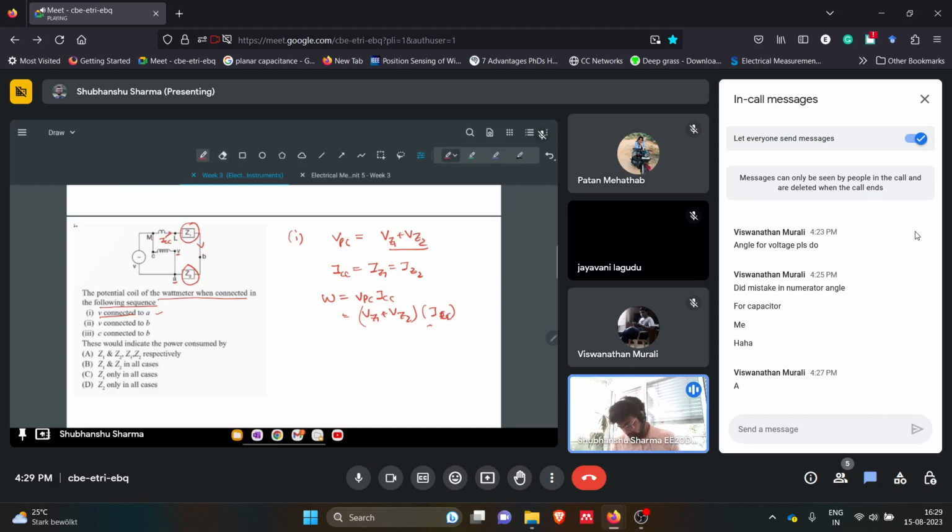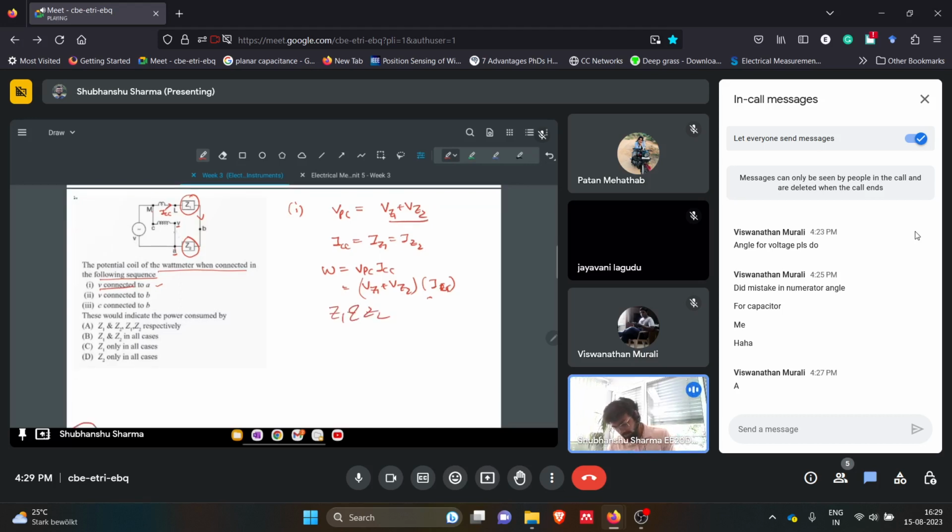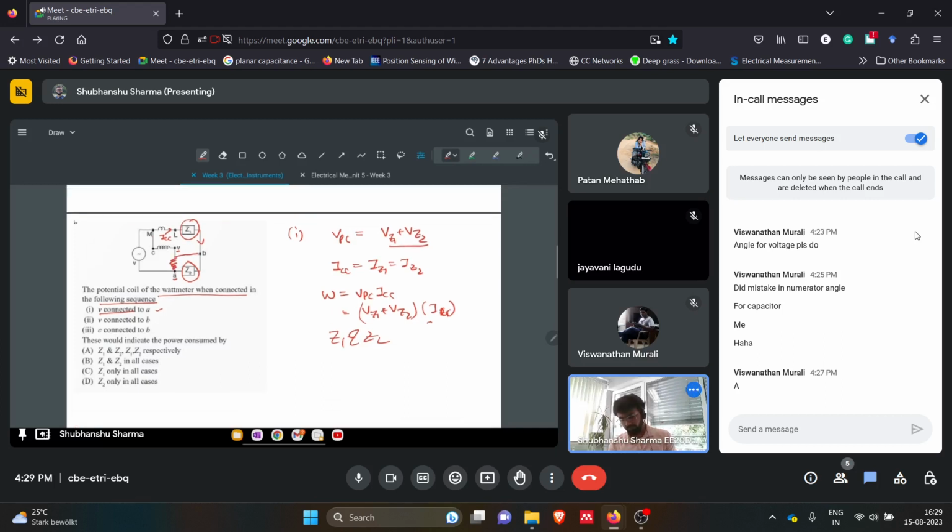So in the first configuration, it will calculate the power for Z1 and Z2. In the second configuration, going with the same logic, it will be just calculating the power across Z1.